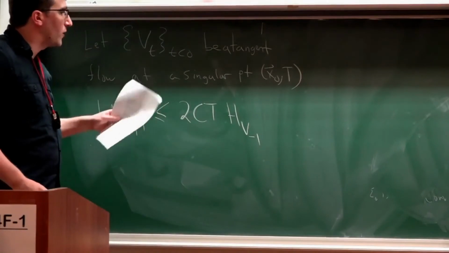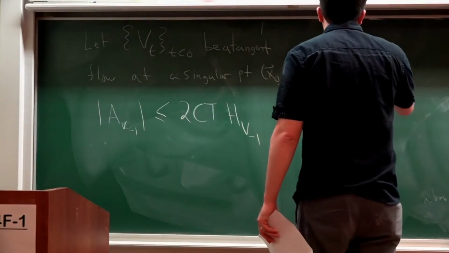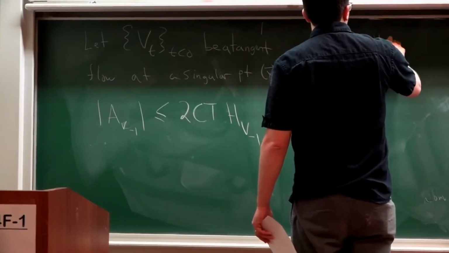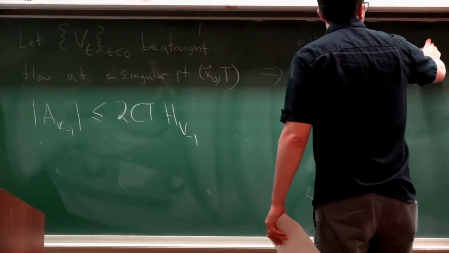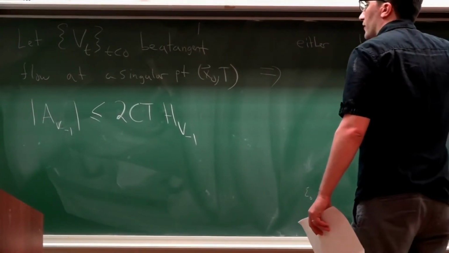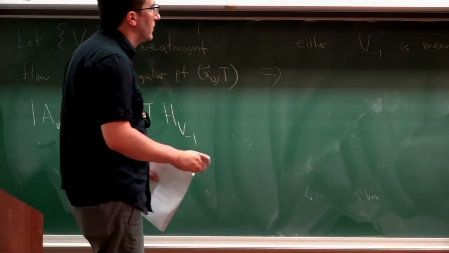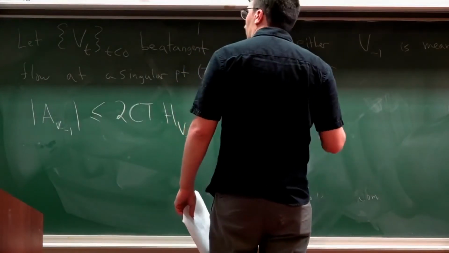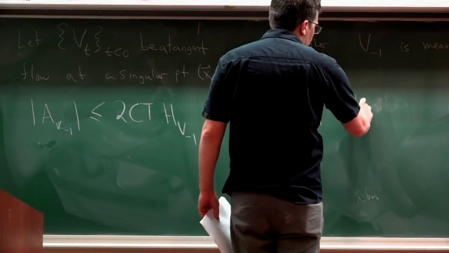Again, the point is this implies that essentially either V minus is mean convex because there are some points where the second fundamental form is strictly positive, or somehow V minus is flat.